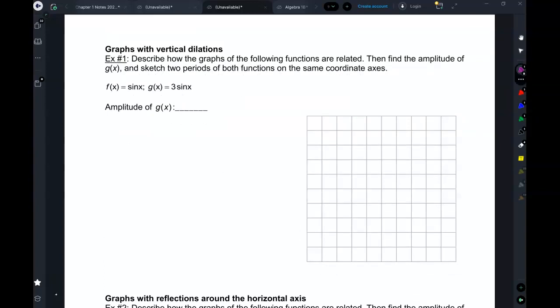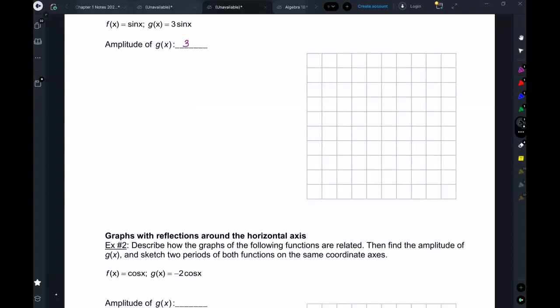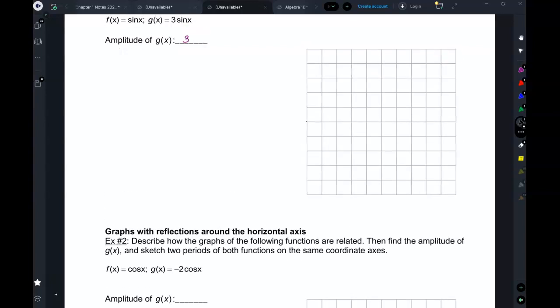We have sine of x and g of x. You see how they're pretty much the same, except there is a change in amplitude. The amplitude of f is 1, the amplitude of g is 3. So I'm usually going to give you a grid like this, on a test or a quiz, and I'm going to have you put the x-axis.